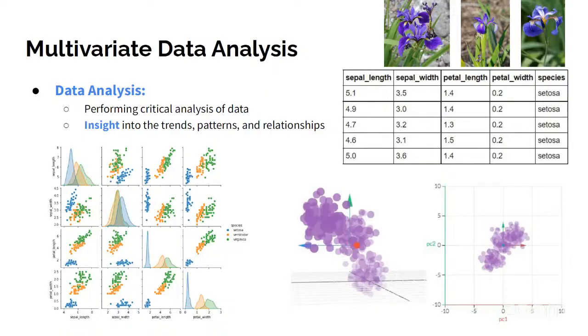Okay, you have three different species: Iris setosa, versicolor, and virginica. Okay, these are three different plants, as you can see. Based on the sepal length and width, petal width and length, you have to see which species does this flower belong to. That's the idea here. But in order to do that, can you visualize all these four features together?